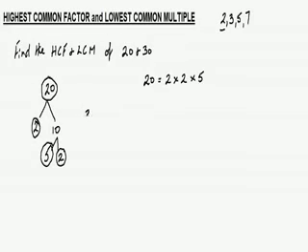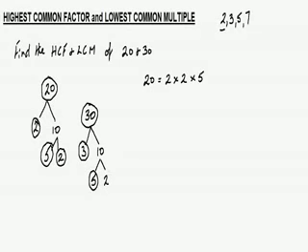So if I take 30, they haven't got to be prime numbers, I just think, well, what times what will give me 30? So first thing that springs into my head is 3 times 10. Now 3 is prime, so I can't go any further with that, and 10, as we've seen here, is 5 times 2, and 5 and 2 again are prime numbers.